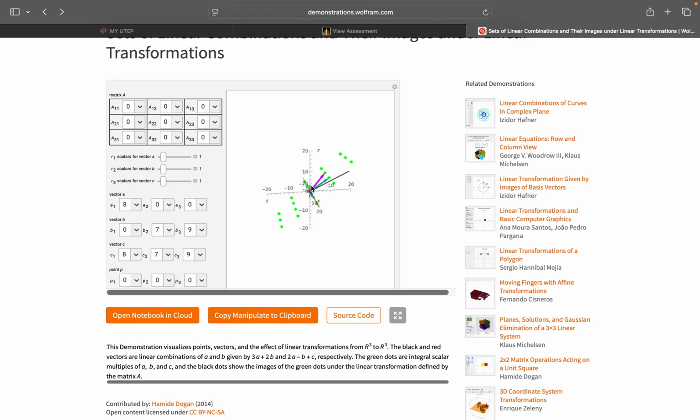So we can see that our b vector plus our a vector would end up with our c vector.